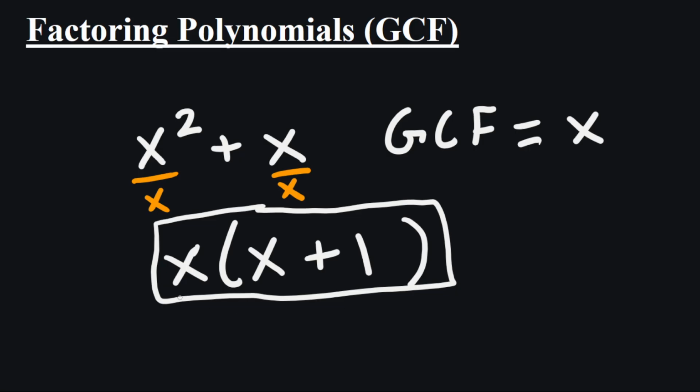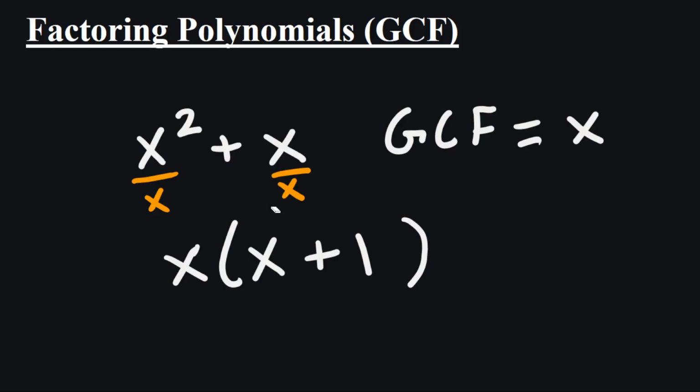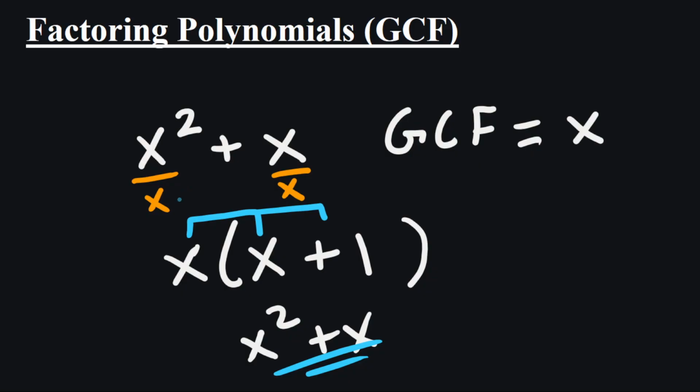And if we distribute this x, so x times x and x times positive 1, what's x times x? That is x squared. And what's x times positive 1? That's positive x. We will get right back to where we started, x squared plus x.